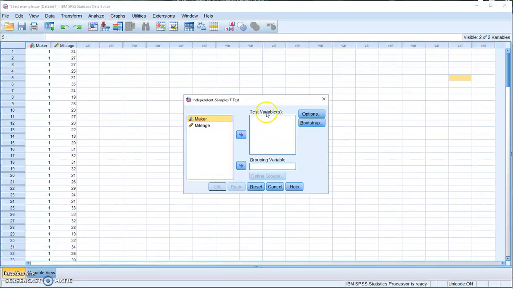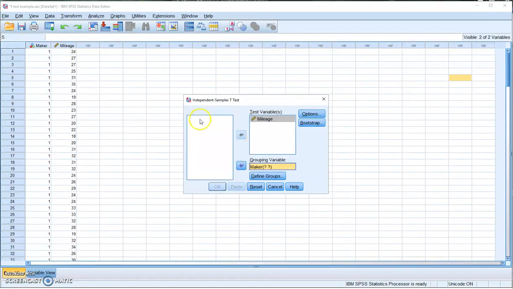Our test variable, the term used by SPSS to stand for the dependent variable, is the quantitative measure of mileage. The grouping variable is the term used by SPSS for the independent variable.